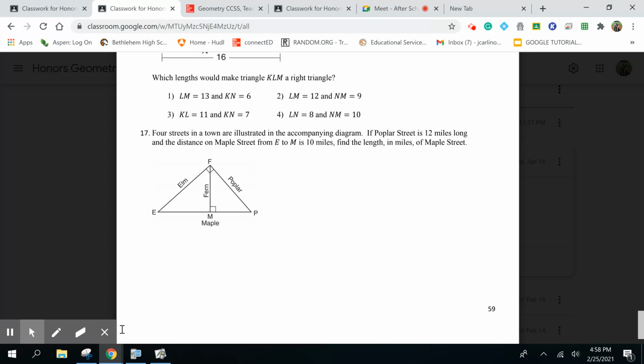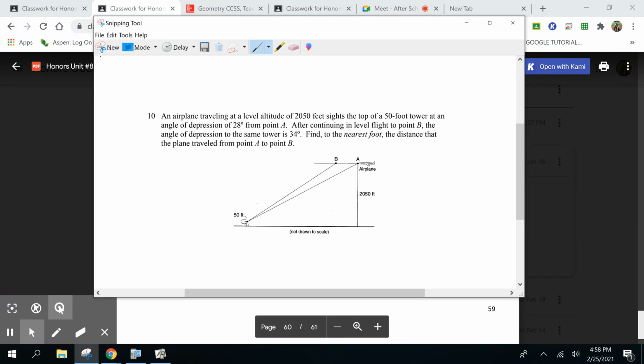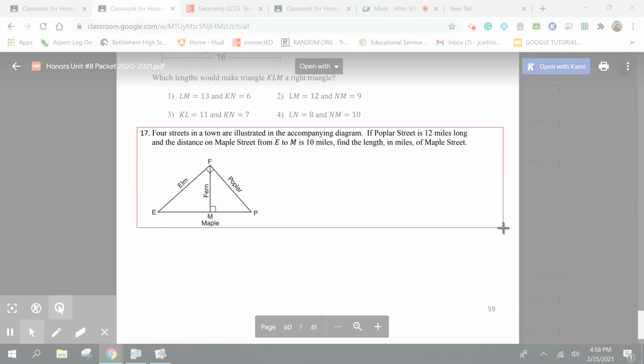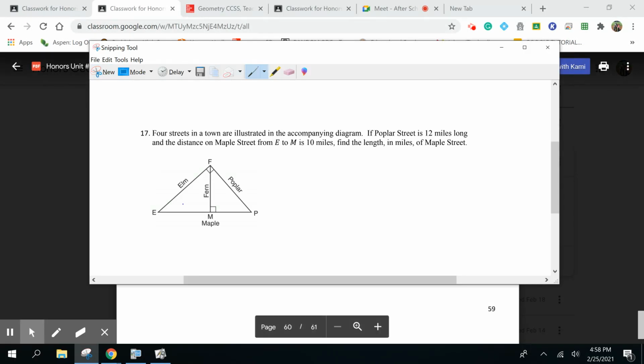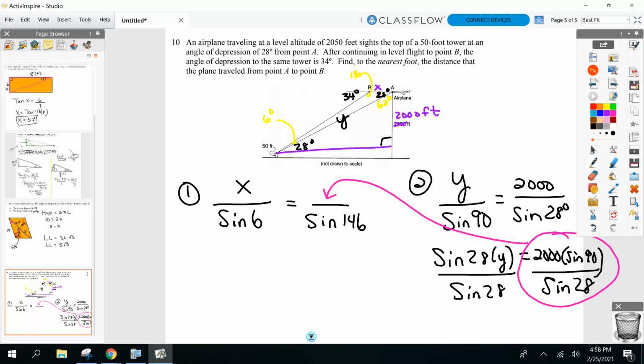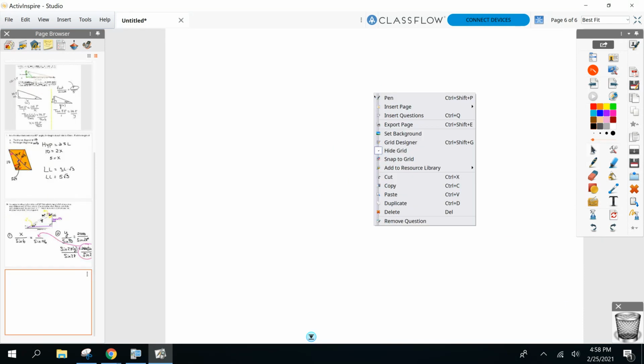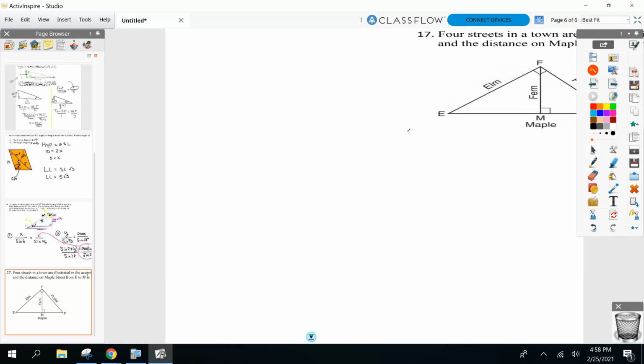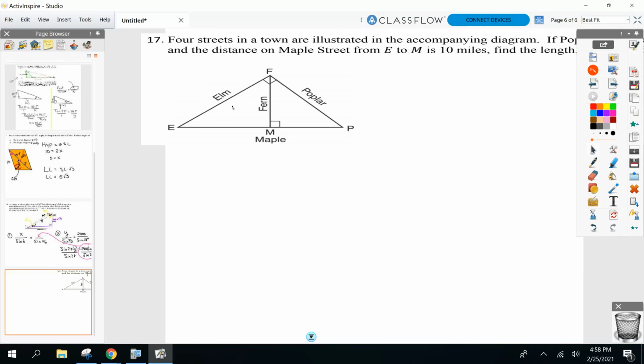Here's your word problem. Some of you may recognize this. You have seen this before on a previous quiz. So number 17 in your packet. Very last question, actually.